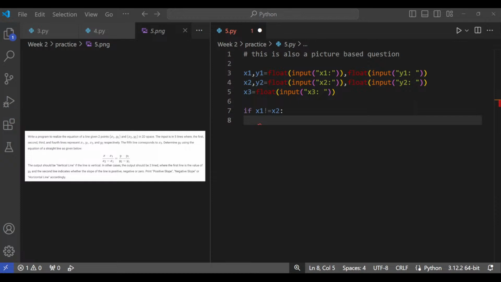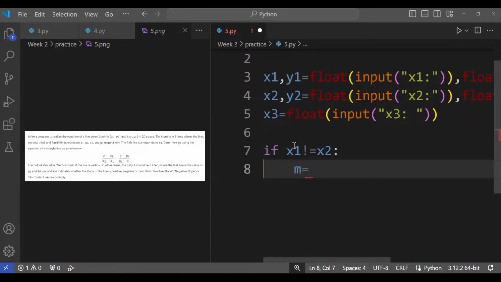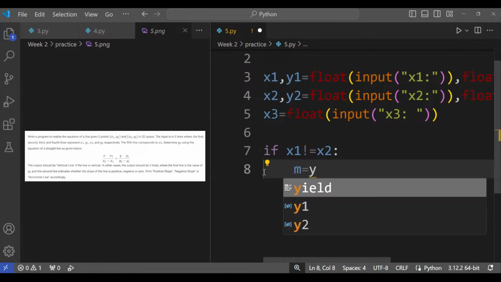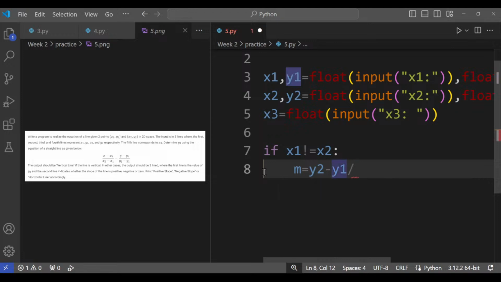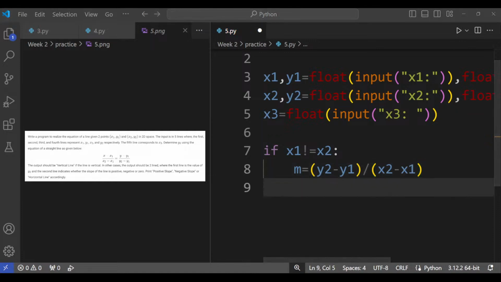So m equal to, the formula for slope, which I do remember, is m equal to y2 minus y1 divided by, this thing should be in a bracket, x2 minus x1. Yes, this gives the slope.